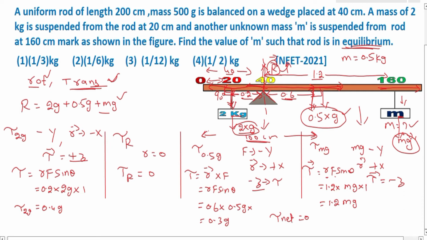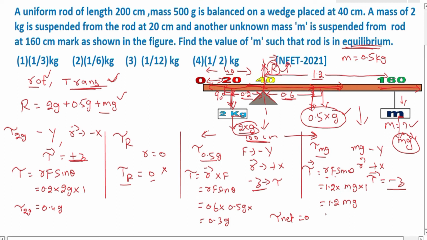Torque due to 2g is along the positive z axis, torque due to R is 0, you don't bother about this. Torque due to 0.5g is along the negative z axis. Similarly, torque due to mg is along the negative z axis. So all torques are acting along the z axis, and net torque should be 0.